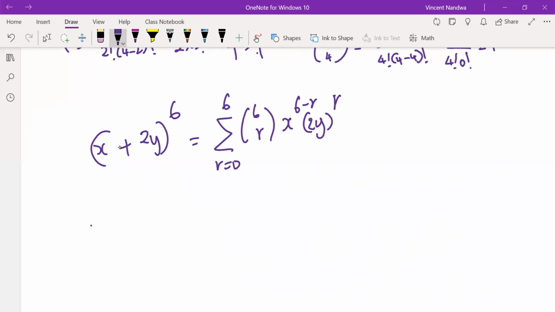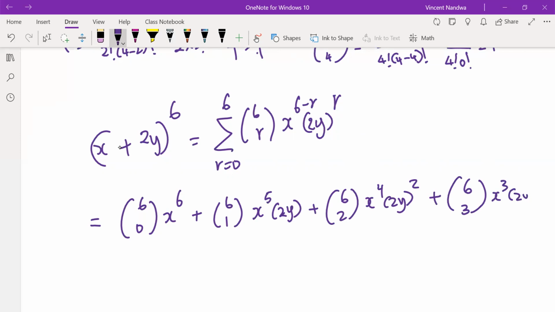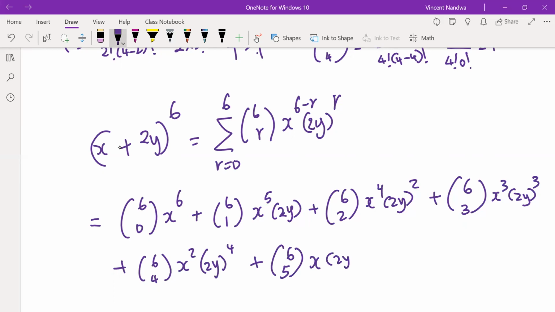So which will be 6 combination 0, x power 6, plus 6 combination 1, x power 5, (2y) power 1, plus 6 combination 2, x power 4, (2y) power 2, plus 6 combination 3, x power 3, (2y) power 3, plus 6 combination 4, x power 2, (2y) power 4, plus 6 combination 5, x, then (2y) power 5.